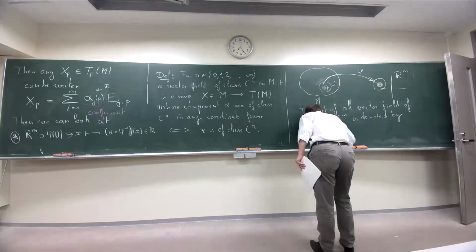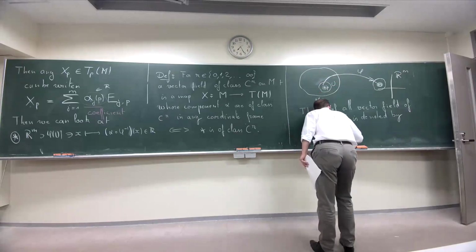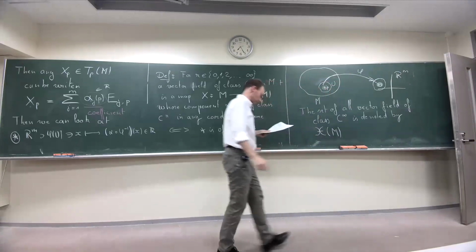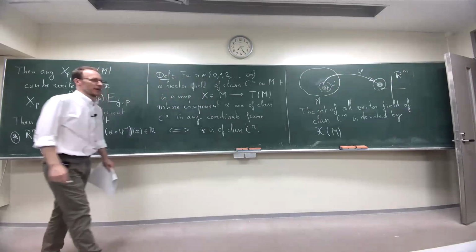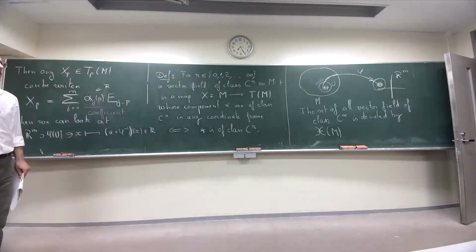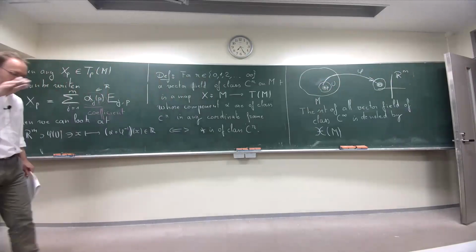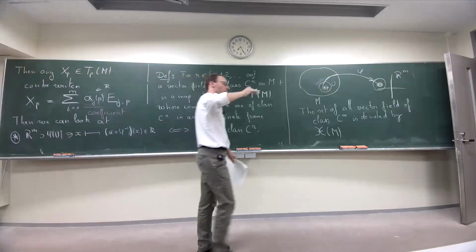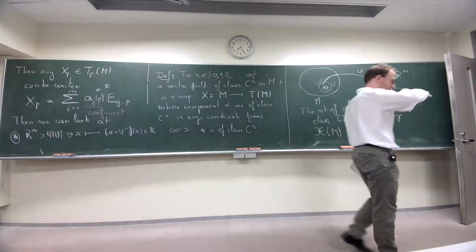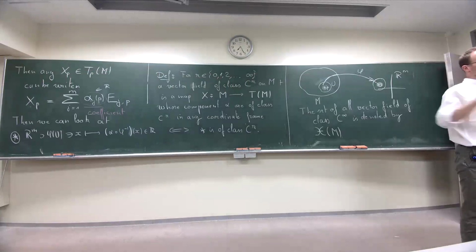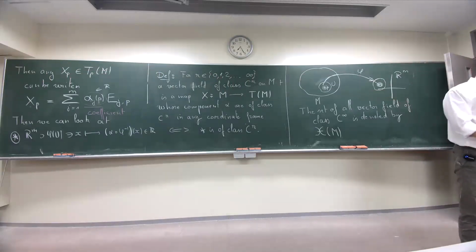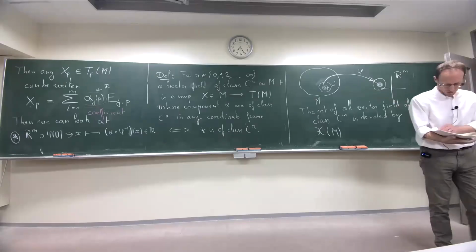It's a kind of curly X of M. You can see it in the notes. So at every point of your manifold, you associate a vector in the tangent space, and the smoothness is defined in terms of this coordinate frame.